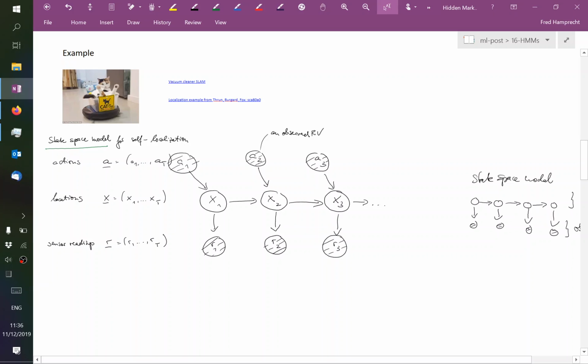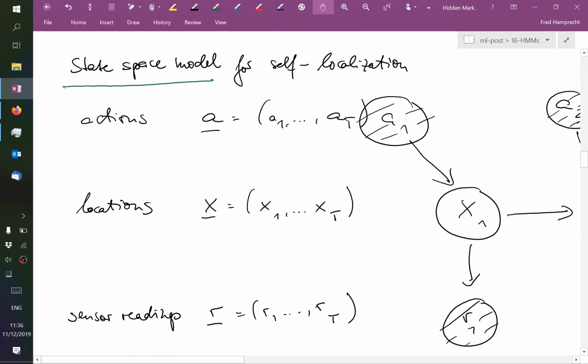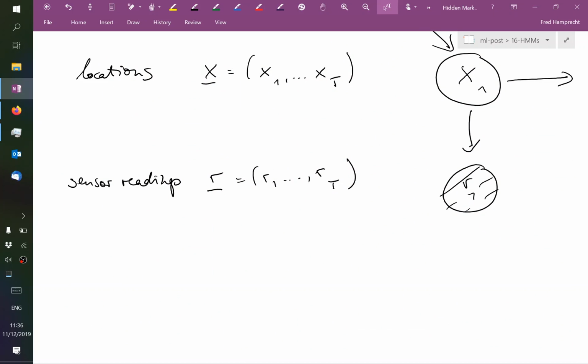now this is a directed graphical model, and we can go about writing out the joint probabilities of these random variables. So we'll start by giving this joint distribution of all locations, all actions, and all readings.